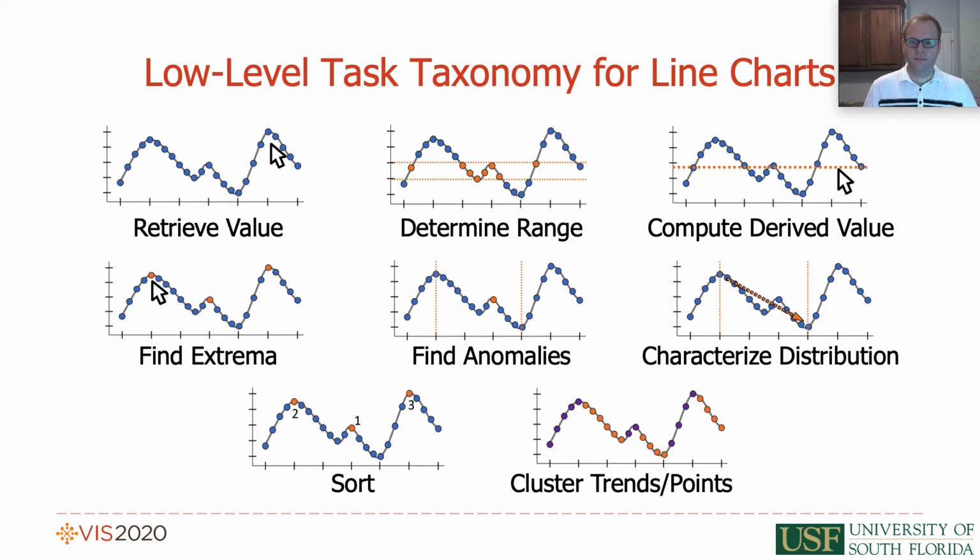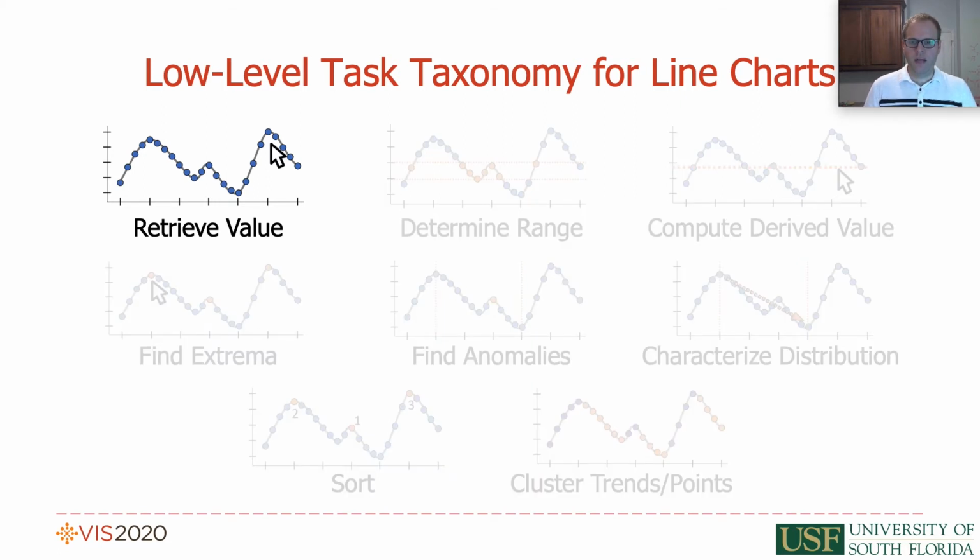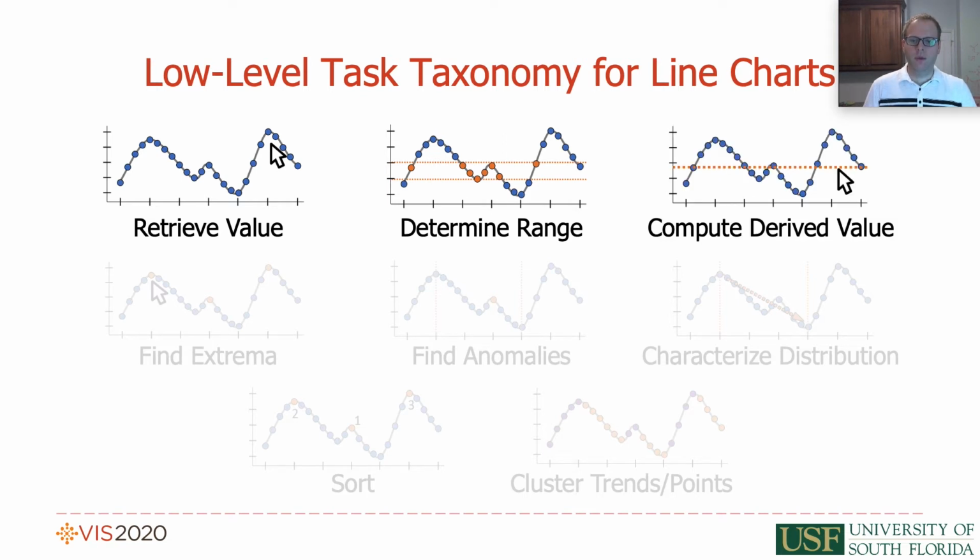Those include retrieving a value, which has the user estimate a specific value in the data. Determining the range, which has the user estimate the range of a specific set of values. Computing a derived value, which asks the user to perform an aggregation task, such as determining the average value.